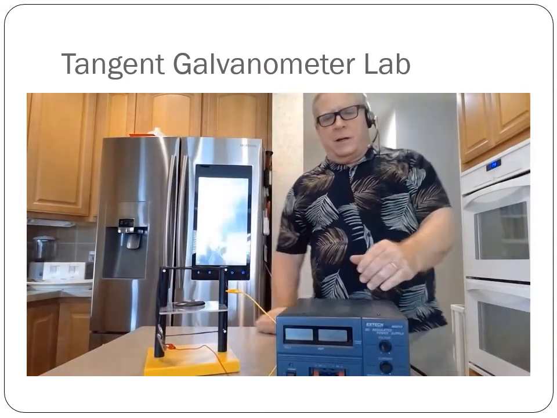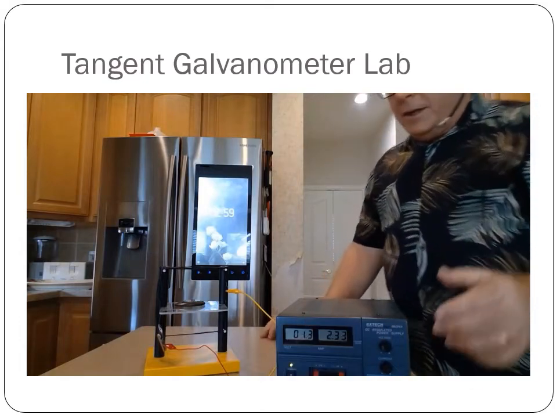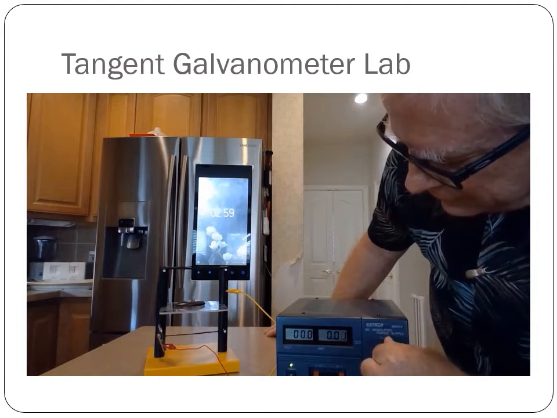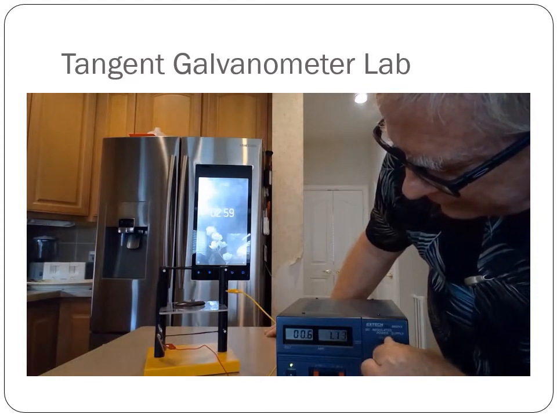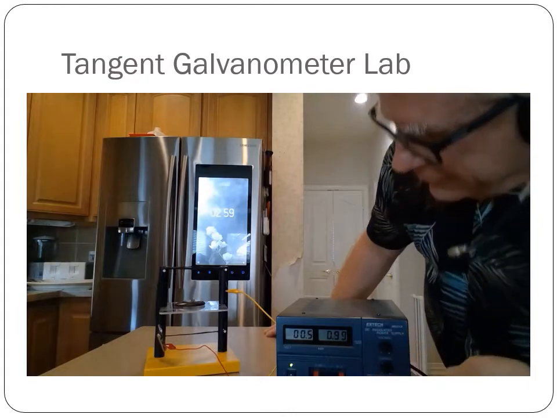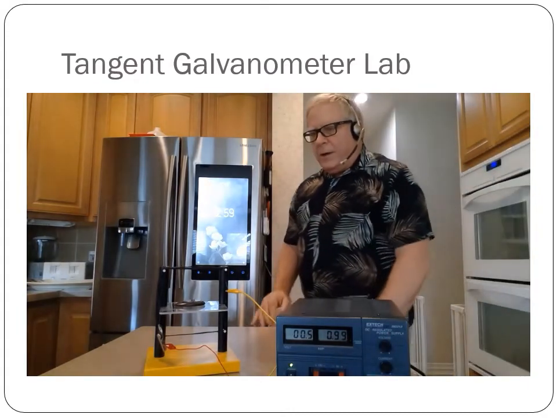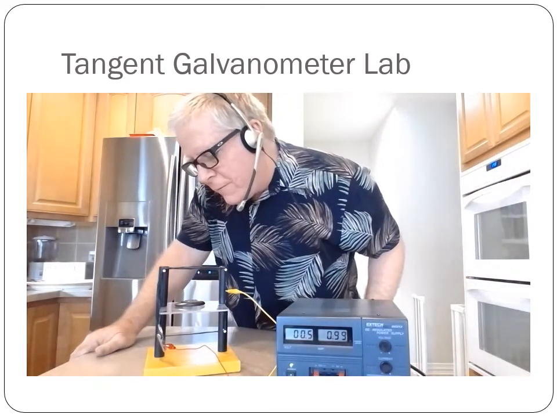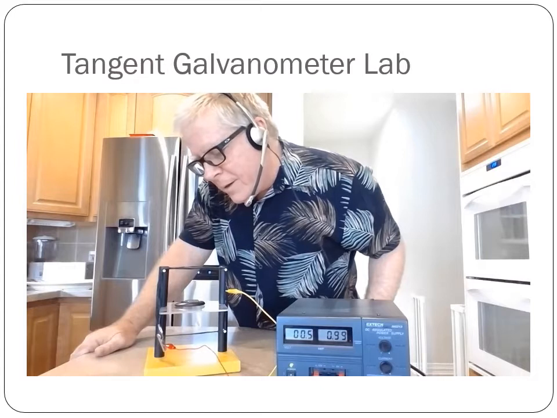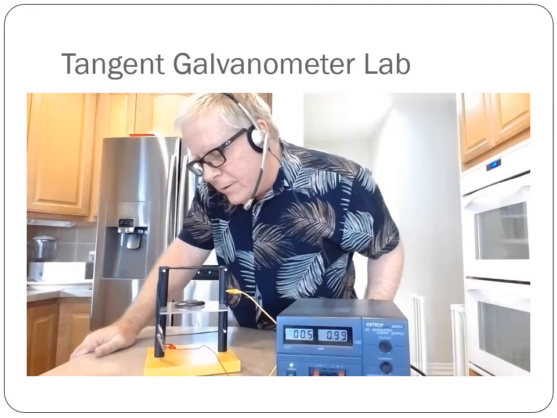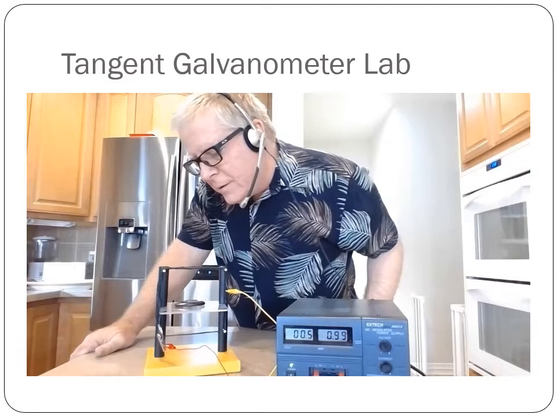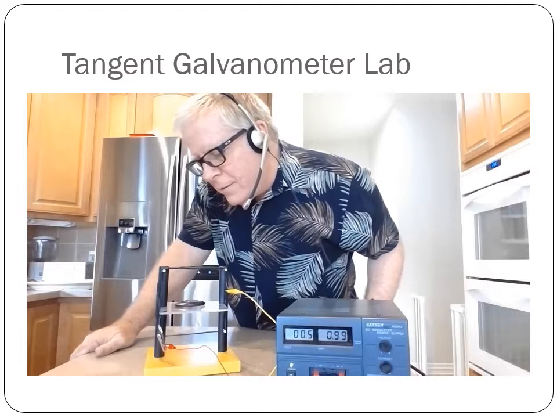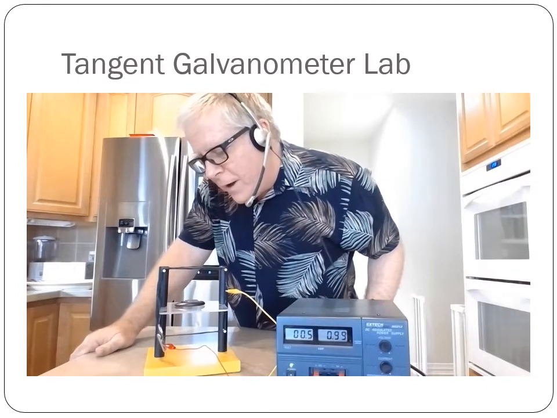And I'm going to turn on my current, and let's just take some readings at different current values. So we'll bring the current down to 1.00 amps. And right now, the deflection of my compass is, it's going from 360, so that's 30, 35, 40, 45.